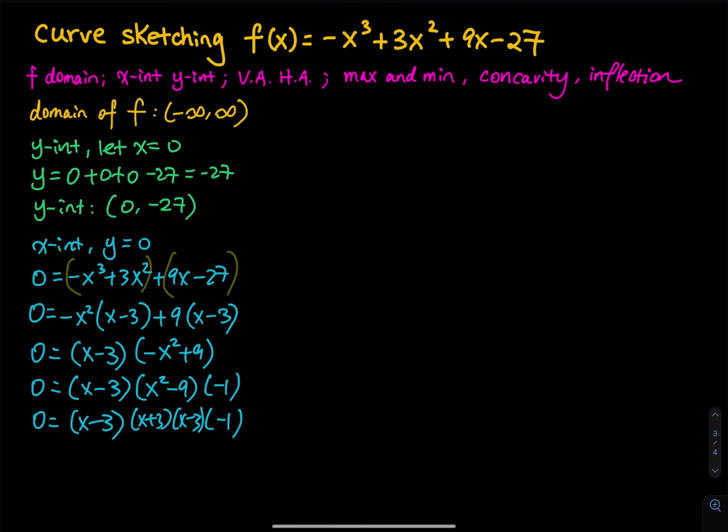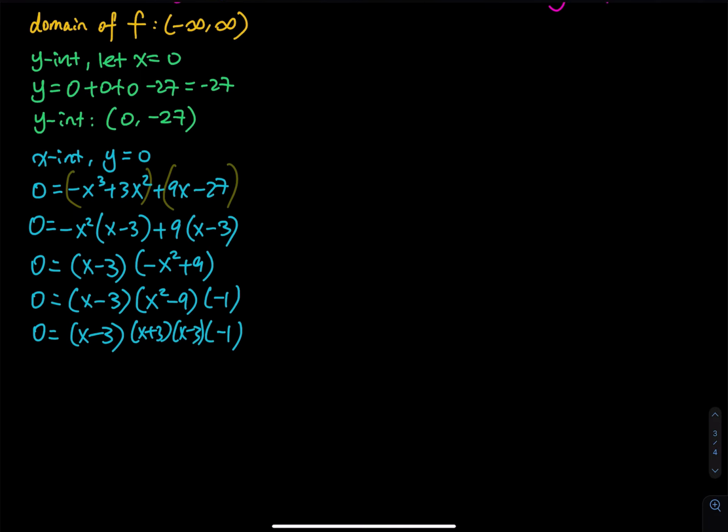The negative 1 is not important because once we divide both sides by negative 1, the negative 1 is gone. So we know that x equals 3 and x equals negative 3. So we have two x-intercepts. The first one is 3 comma 0. The second one is negative 3 comma 0. So the x-intercept is done.